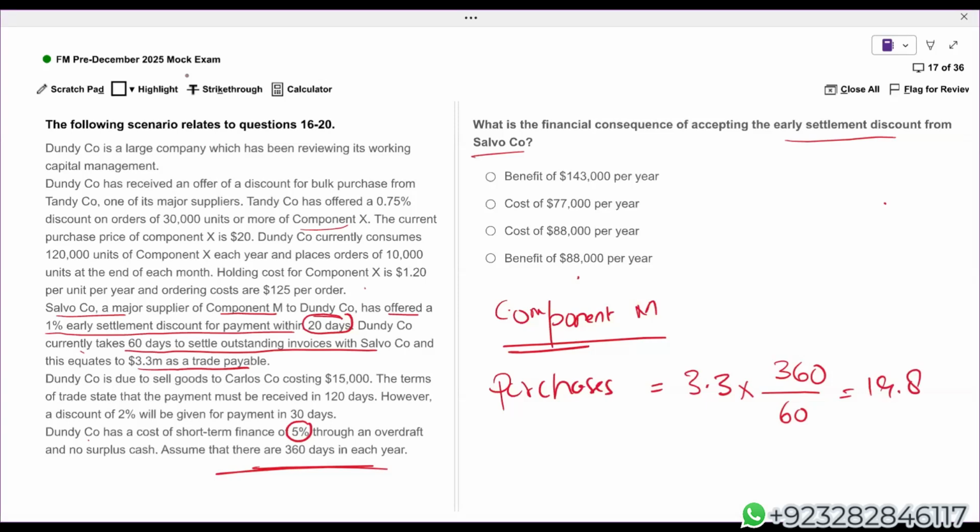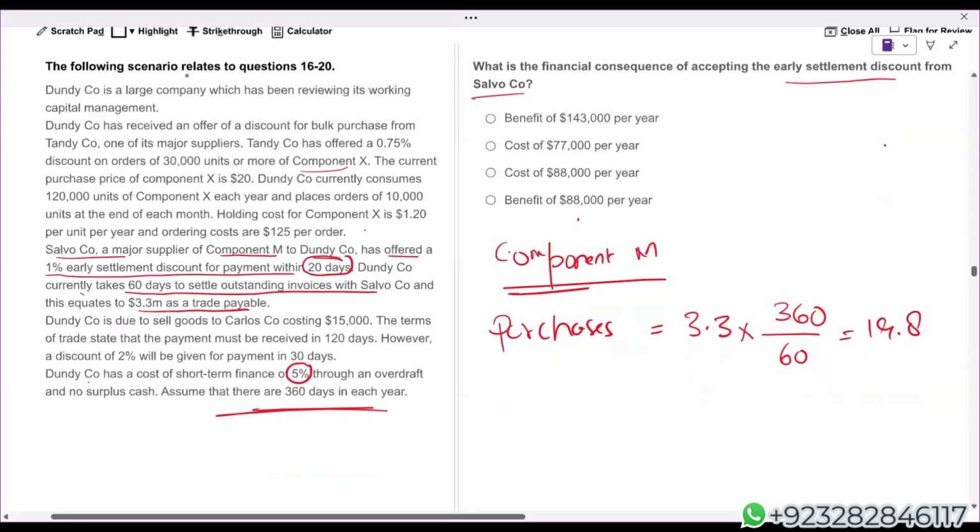Obviously, if you take 19.8 multiplied by 60 upon 360, it will give you 3.3. Why did I calculate 19.8 annual purchases? Because I need the amount of purchases. On that purchases amount, I will apply the discount, which is 1%. So discount received is income for me.